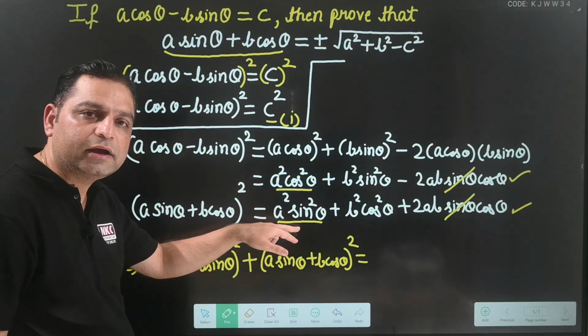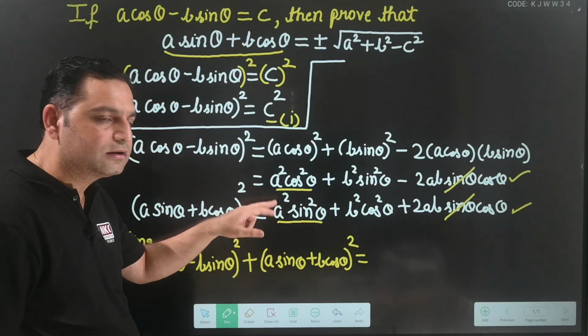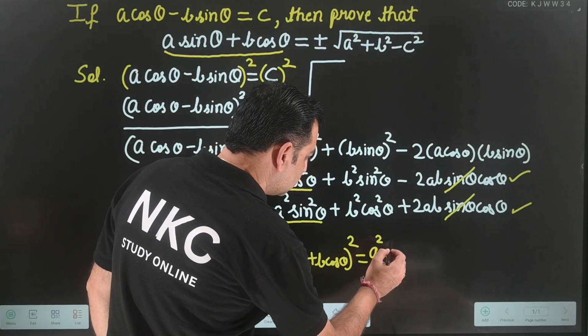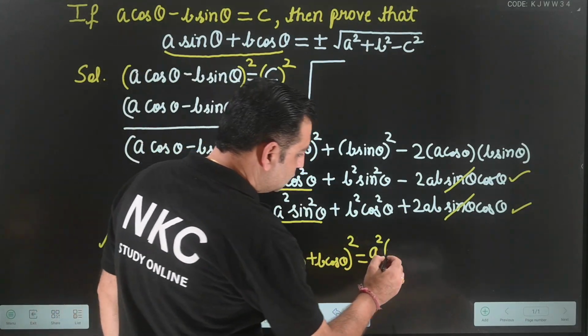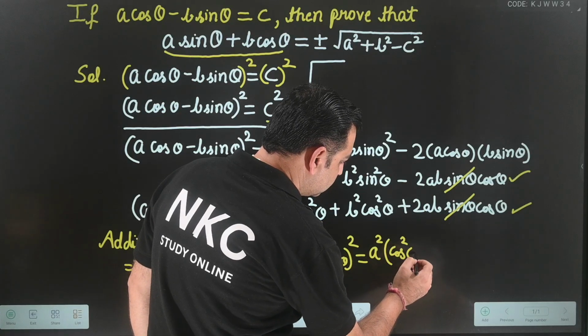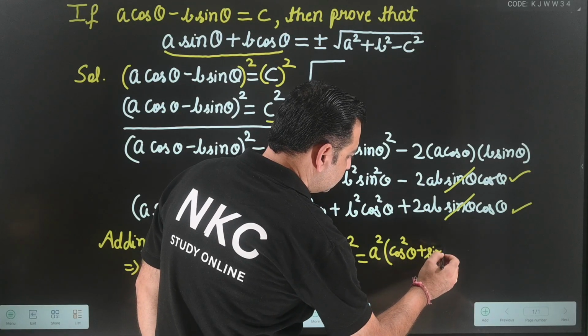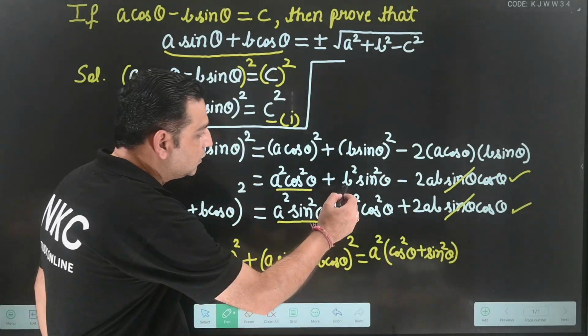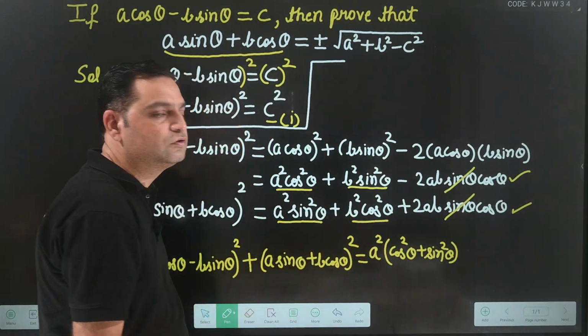When I am going to add these two, A square can be taken out common. So I am taking A square common and writing cos square theta plus sine square theta. Same way, B square is common from these two terms.